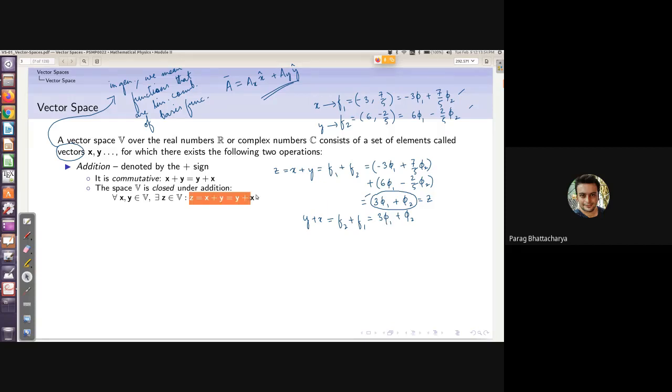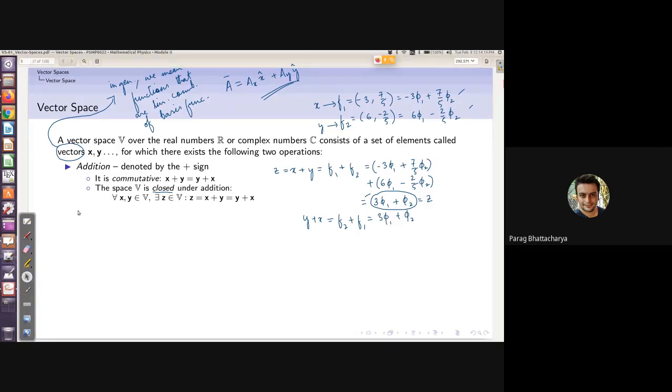The result of addition of two vectors in a vector space will also be a member. If that happens, that vector space is said to be closed under addition.